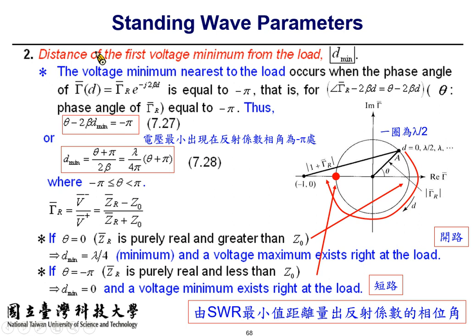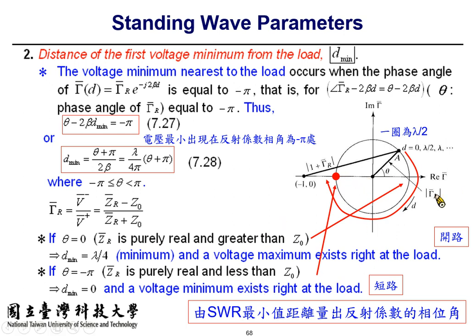All right, the next thing is the distance of the first voltage minimum from the load. As I explained earlier, it's the distance moving from the load for the total voltage to reach its minimum. So if you begin here, the distance will be larger than a quarter wavelength.